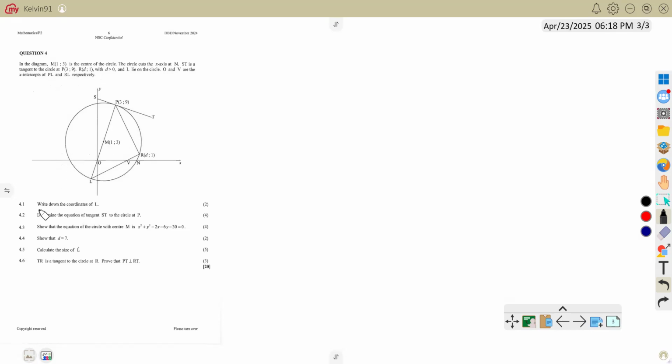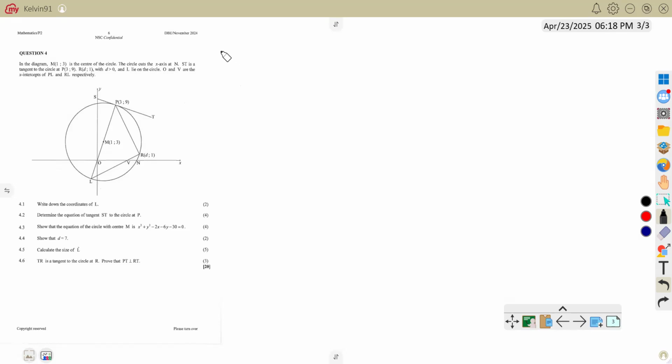Then the first part is saying write down the coordinates of L. If we check on our diagram, PL is a diameter, and you have to know that M is a center, therefore M is the midpoint of PL.